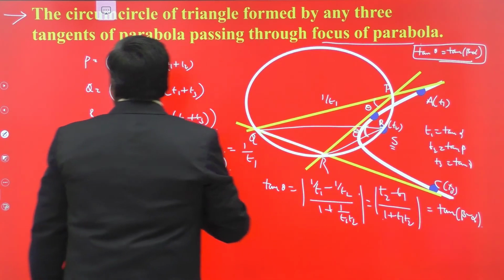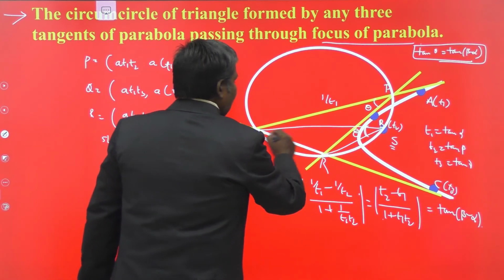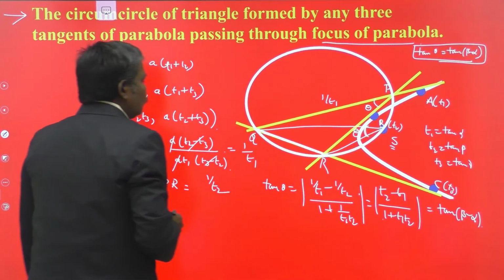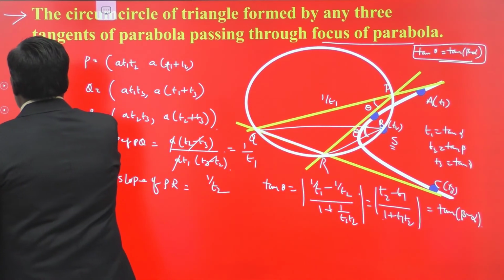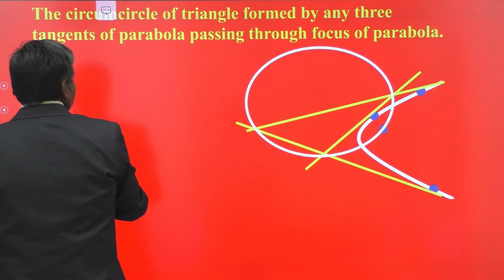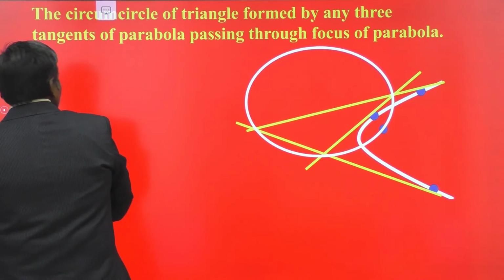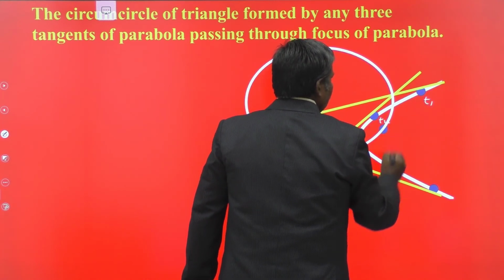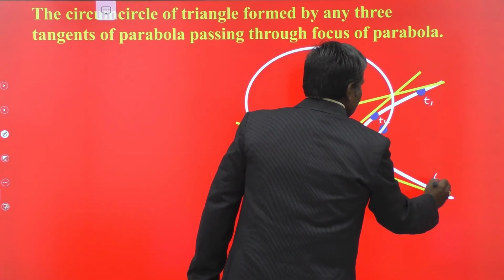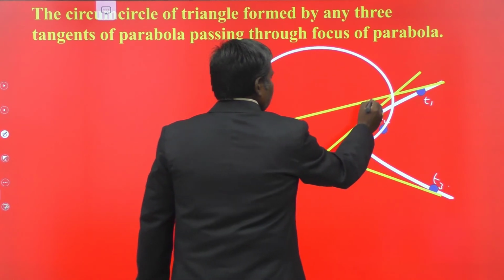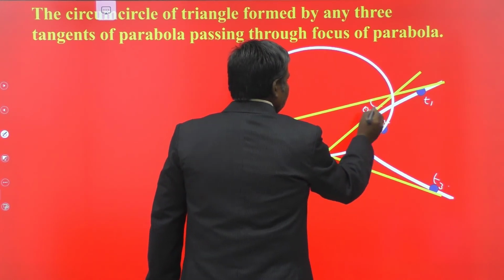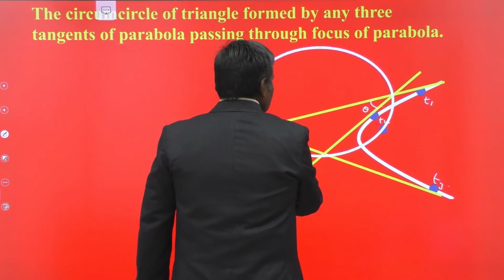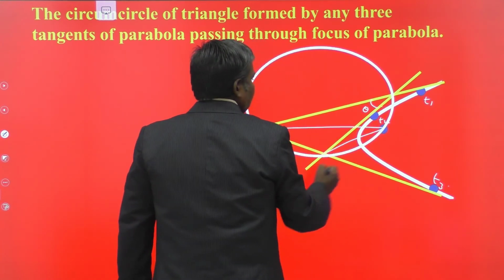Okay, now we are going to find out the angle between these two lines, BQ and BR. So this is T1, this is T2, and this is the point T3. This is my angle theta. We are joining these like that.